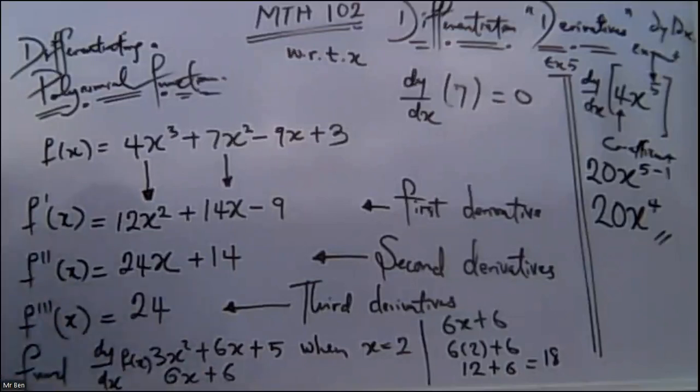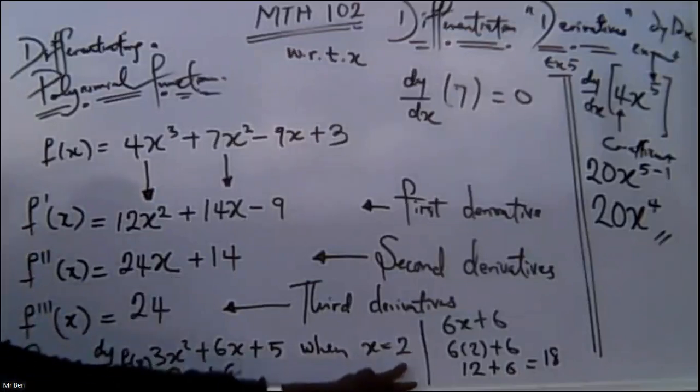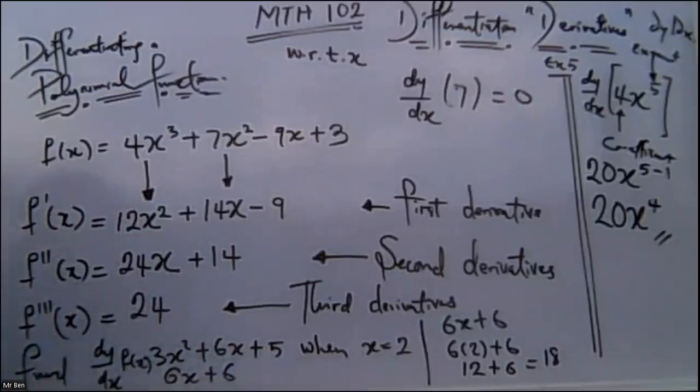That's our answer. If they continue by saying when x is equal to 2, that's another question entirely. They want you to change x to 2 in the answer that you have gotten. You get that now?